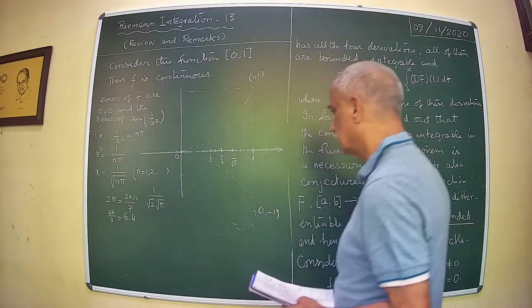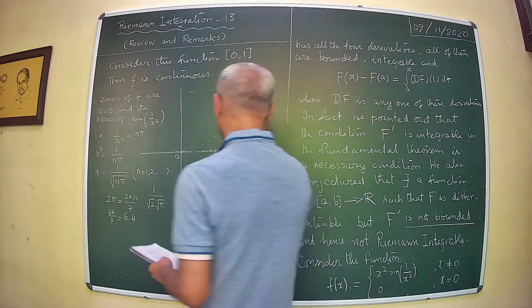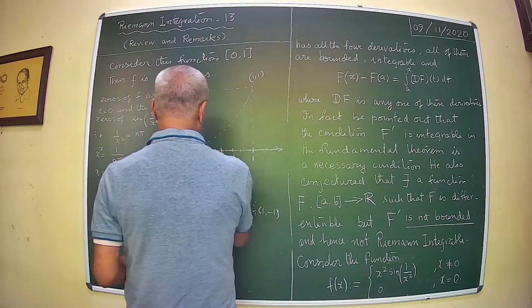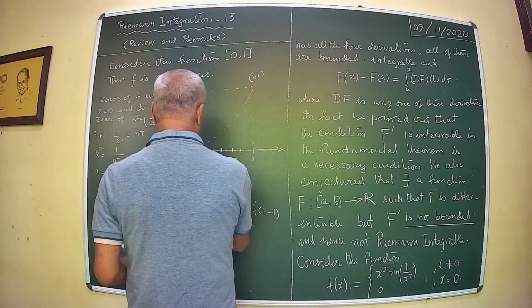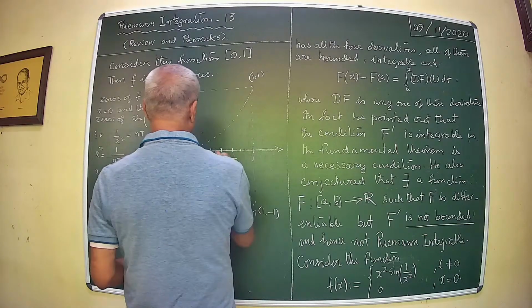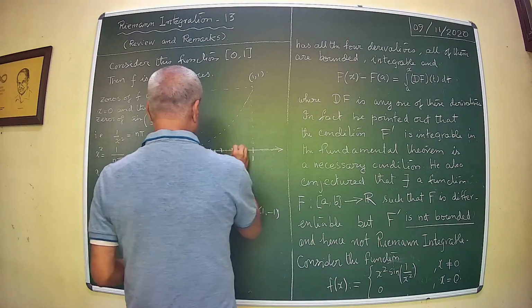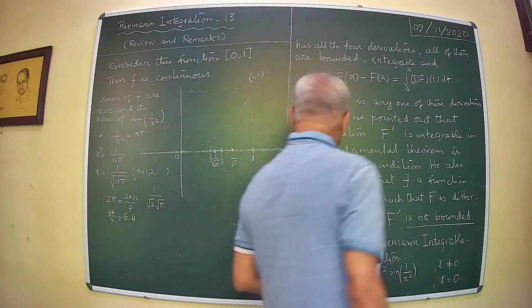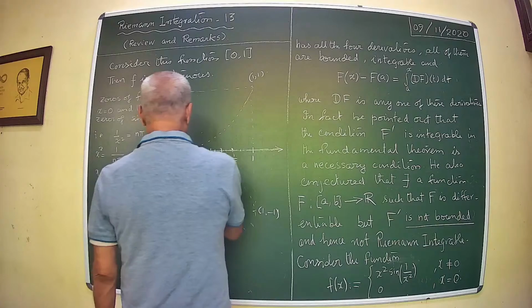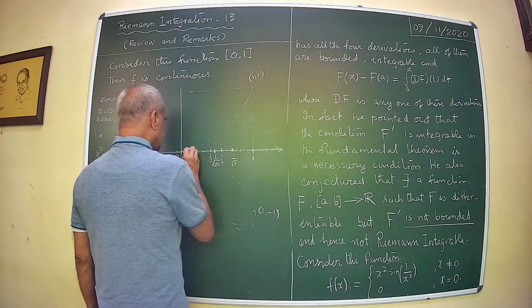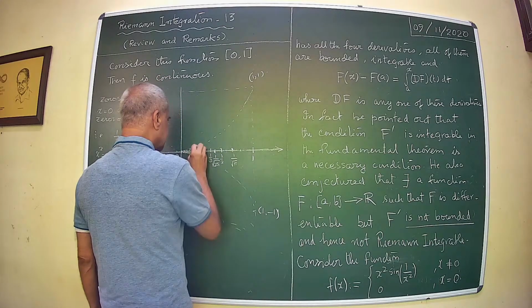This is 1 by 2, 1 by 3. So 1 by 2 pi is somewhere here. Okay, so these are the zeros, and then you have got all the zeros coming here, more frequently disappearing. So the graph of the function is going to be something like this.